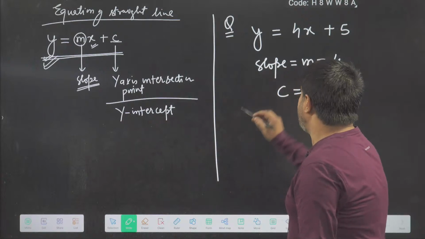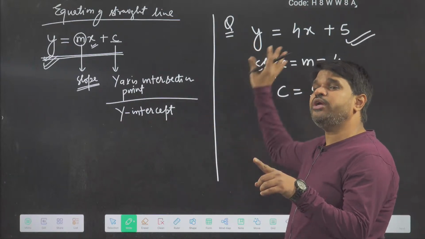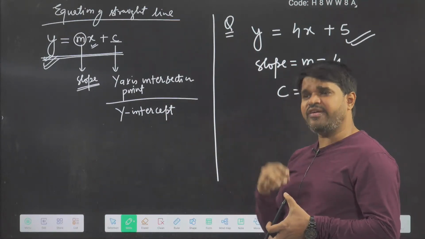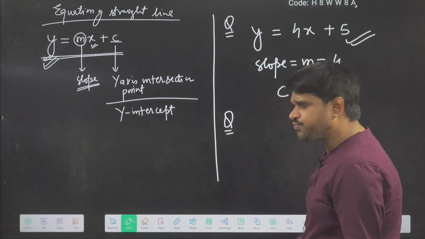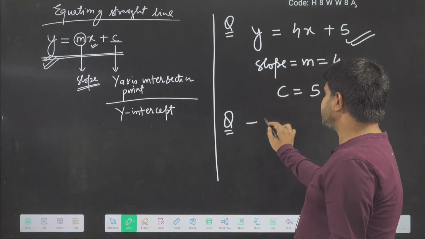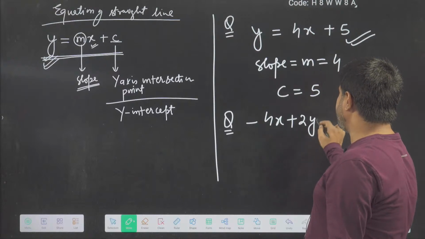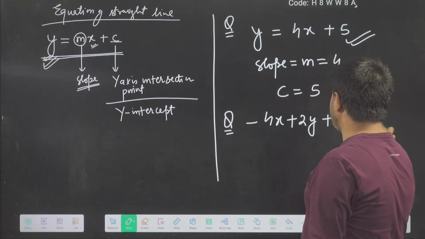Now in this question I have already given you the equation in this form. Let's have another form. Let's say the question is like this: minus 4x plus 2y plus 8 equals 0.